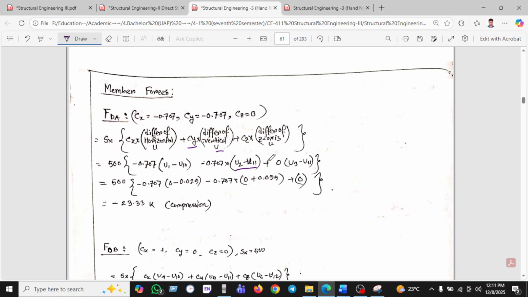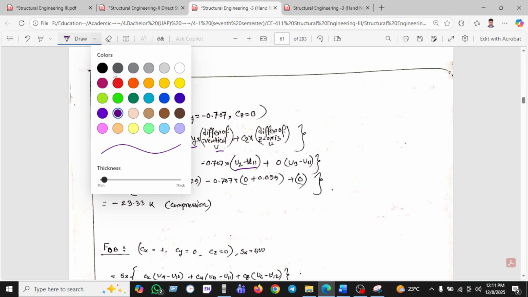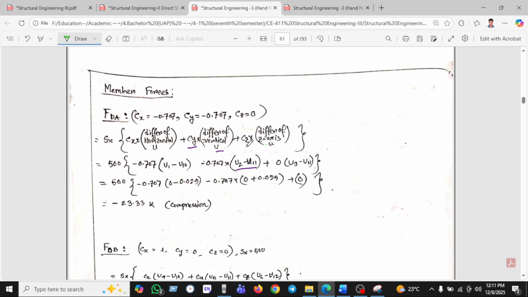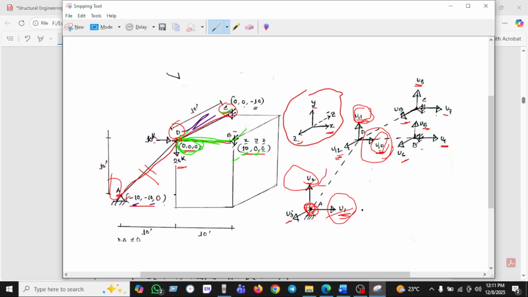In the same way, for Cz, the value is 0, and u3, u12, both on the z axis.